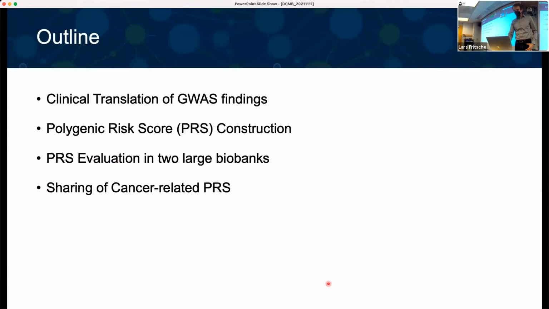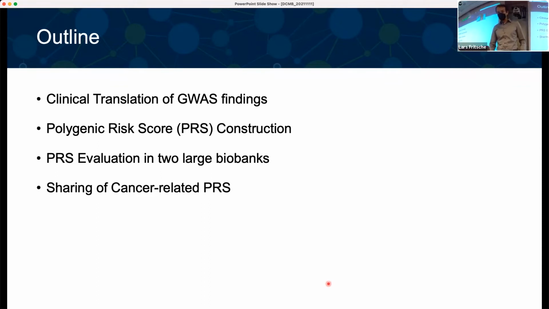The outline of my talk will be that I first will talk a little bit about polygenic risk scores and why they're useful to translate findings from GWAS into kind of a clinical setup maybe. Then spend time on how to construct polygenic risk scores and show some examples.